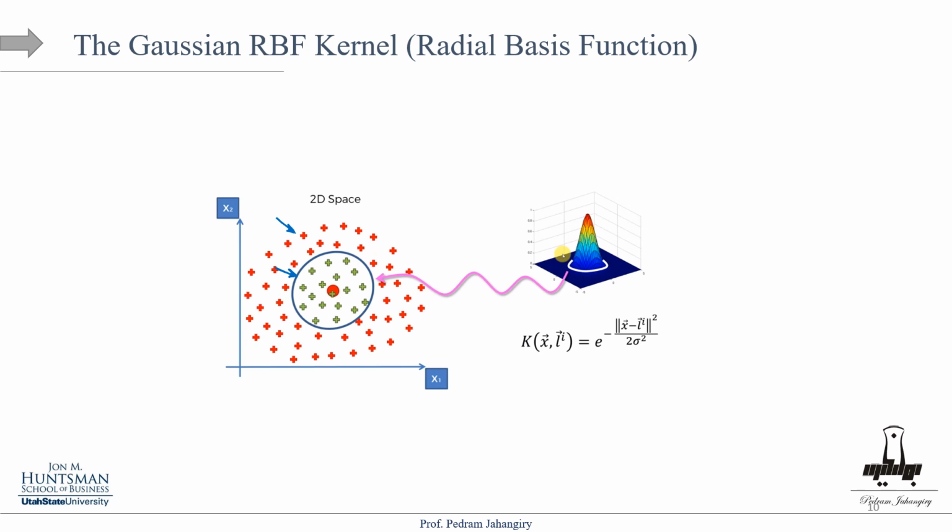RBF is basically something like this. It's going to assign a number to every single one of these observations, right? So let's pick one of them, for example. First of all, here's the formula: the kernel function is a function of x itself. And remember, this x is just the location of your observation. So for example, this is our x1,1, x2,1, right?